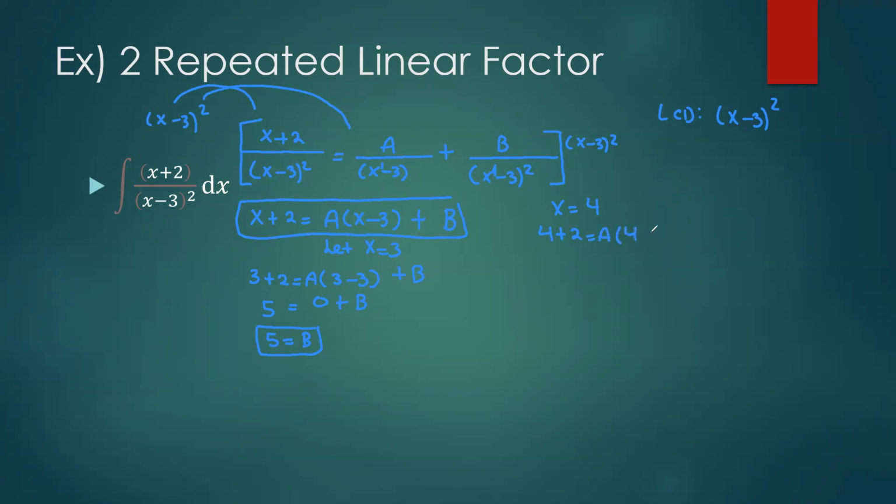So that's 4 minus 3 plus my b value, which is 5. 4 minus 3 is 1, plus 5. 4 plus 2 is 6. A times 1 is a, plus 5. Solve for a, so you subtract 5, and you get a equals 6 minus 5, which is 1.